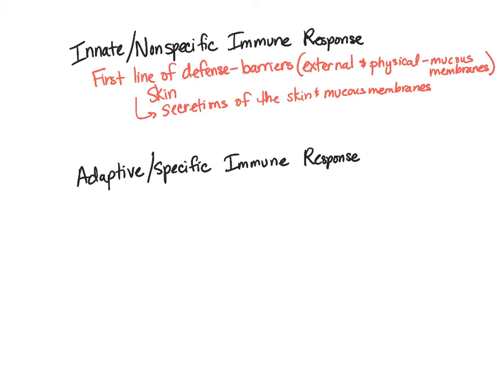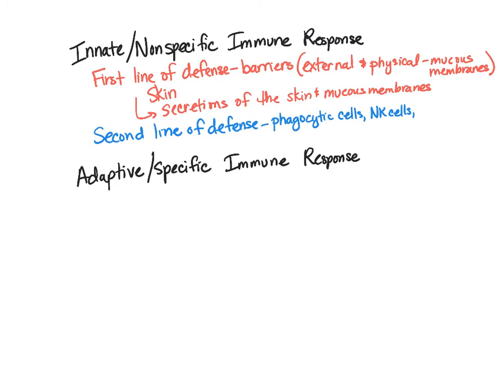Then we have our second line of defense, and that's also part of our innate non-specific immune response. So our second line of defense includes things like our phagocytic cells, our natural killer cells.